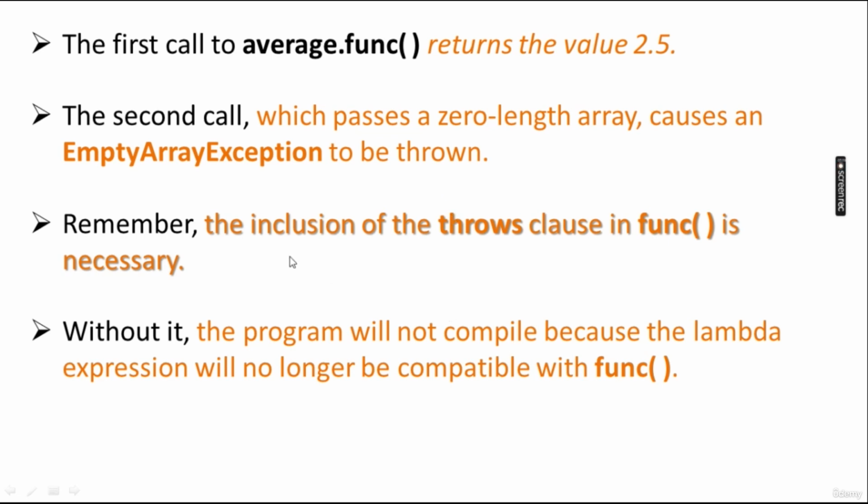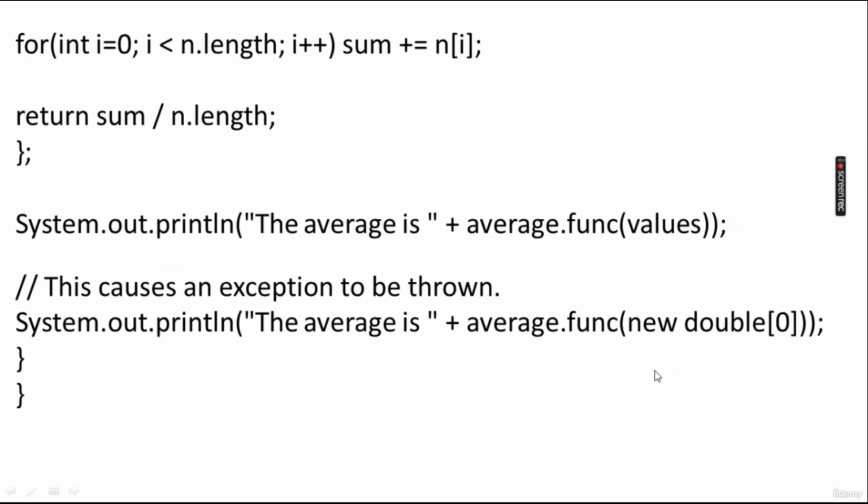Okay. So the inclusion of the throws clause in the function is compulsory, not optional. It will be compulsory most of the time. The program will not compile because the lambda exception will not be compatible with the function. Okay.